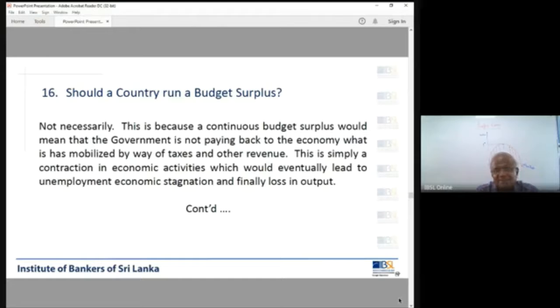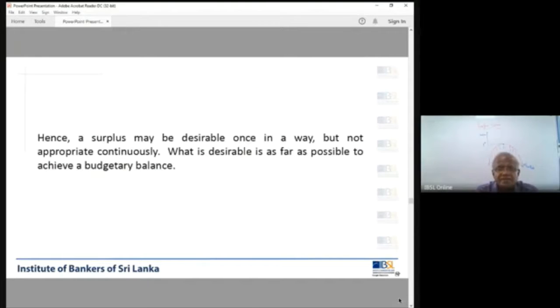This is the bad side of these surpluses, if the government continuously maintains a surplus. But at the same time, a continuous deficit is also bad. Hence, a surplus may be desirable once in a way, but not appropriate continuously. What is desirable is, as far as possible, to achieve a budgetary balance. Balanced budget.